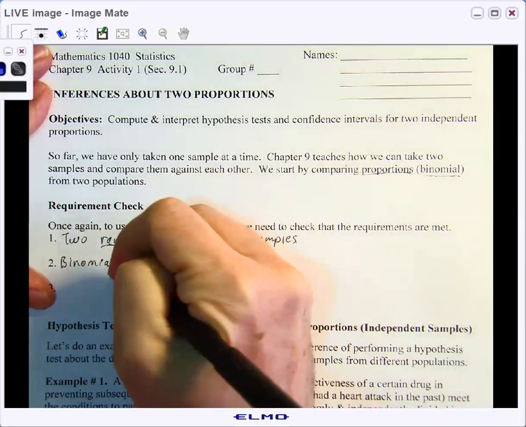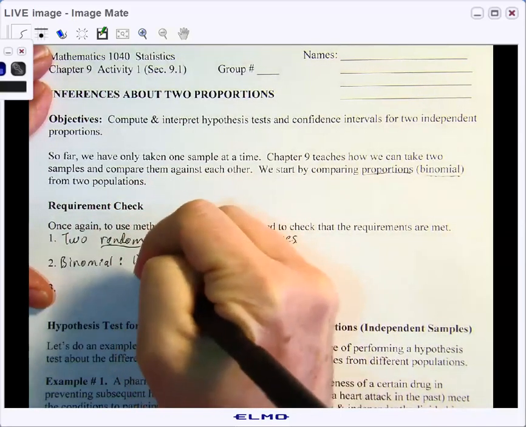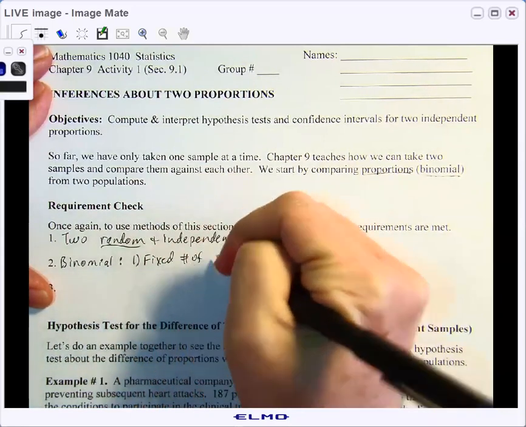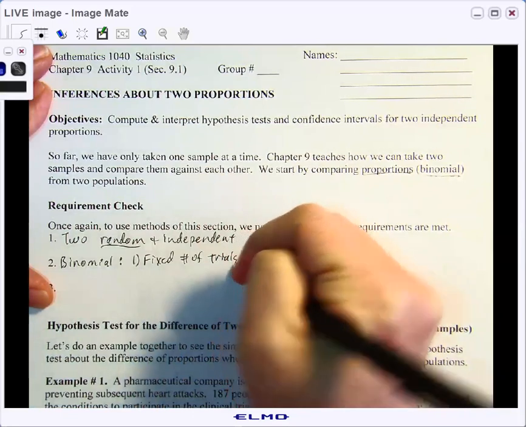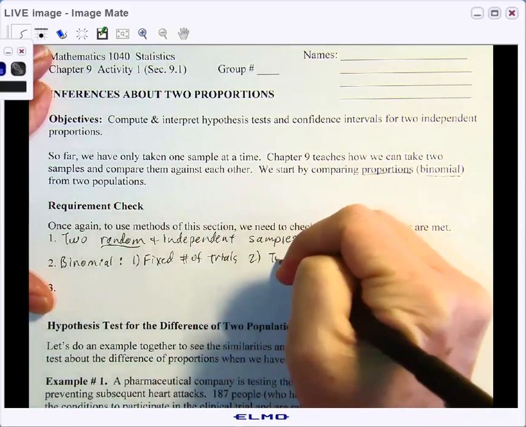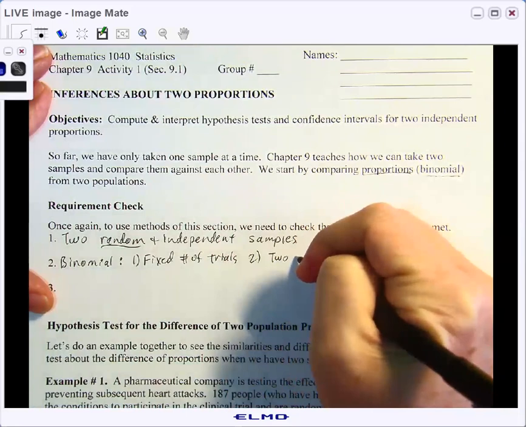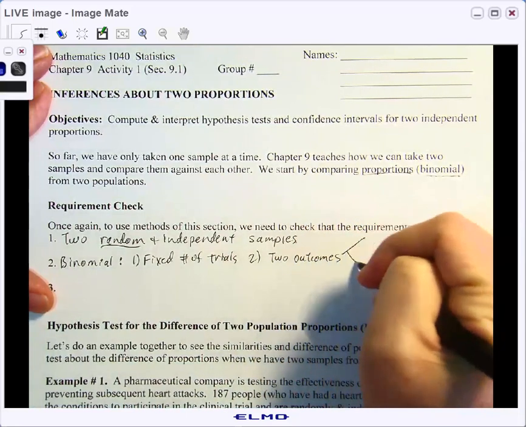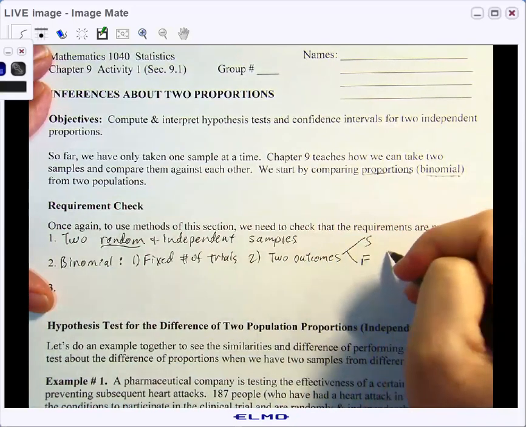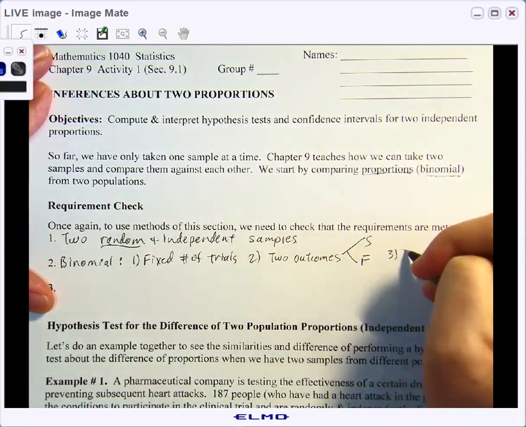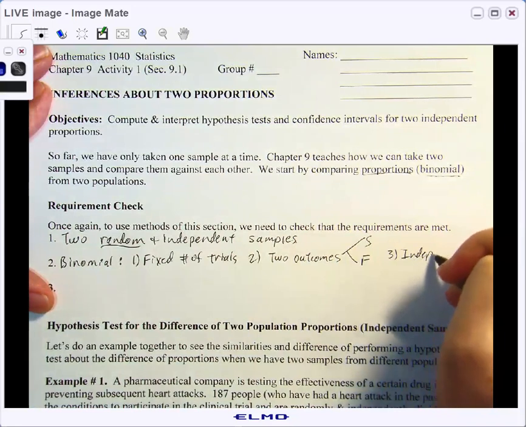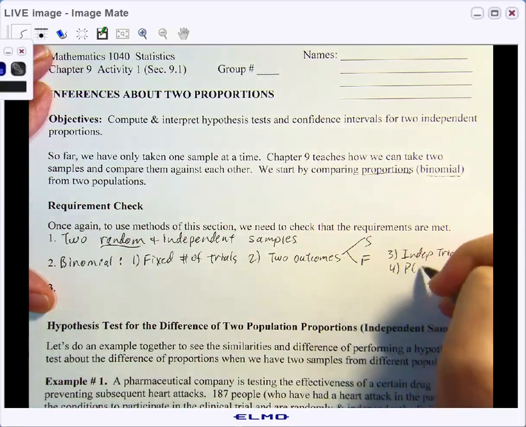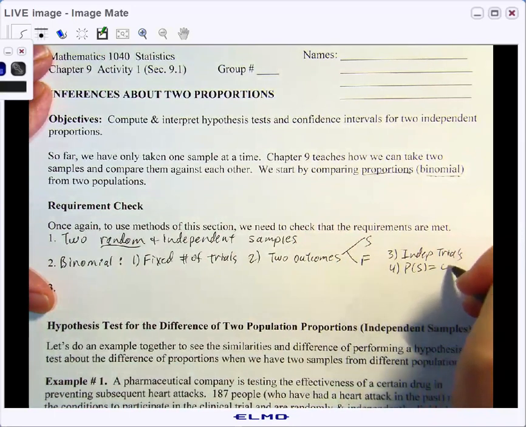The requirements to be a binomial are: one, a fixed number of trials; two, it can be organized so that there are two outcomes and only two outcomes, which we've commonly called success and failure; and three, the trials are independent. So that means that the probability of success needs to be a constant.